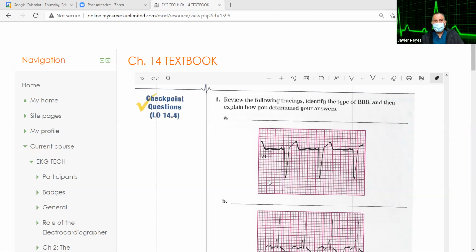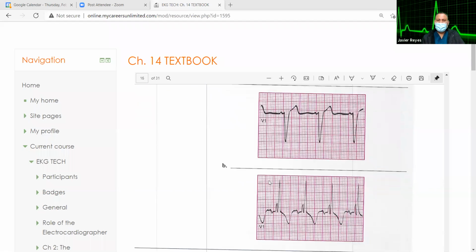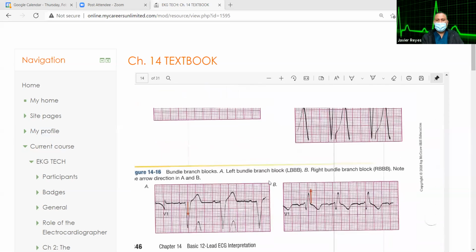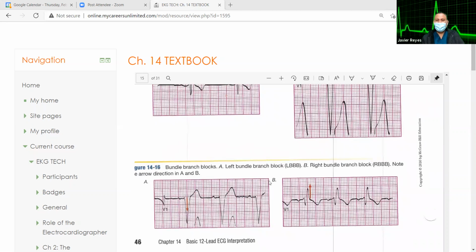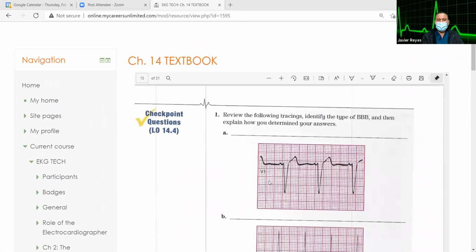B is left bundle branch. Why? Because it looks like the other one. Does it slide up or does it slide down on B?